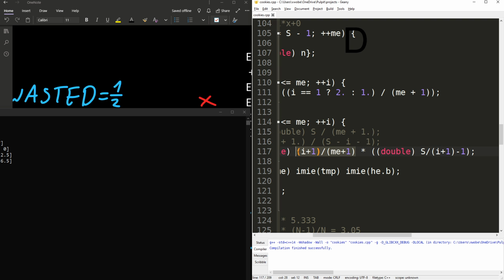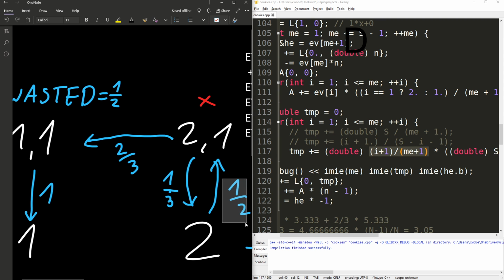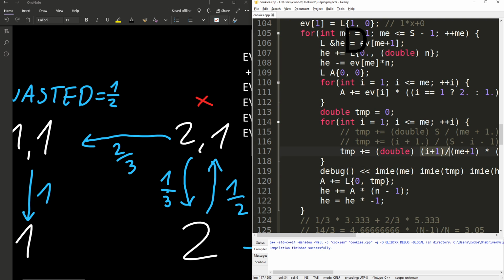But what about this? 2/3. That's not 2/3. Wait. It is 2/3. It should be going up is half, going to the left is 2/3. The product of that is 1/3. Why I plus 1?